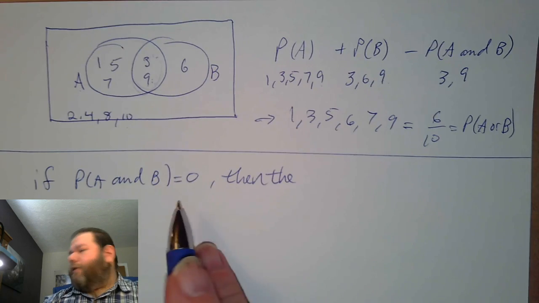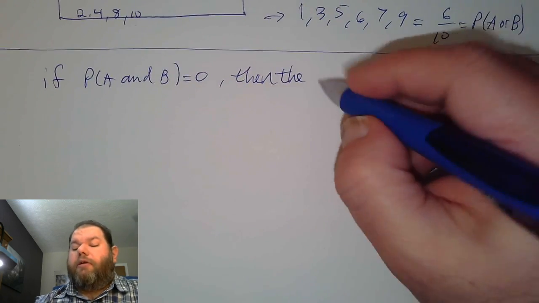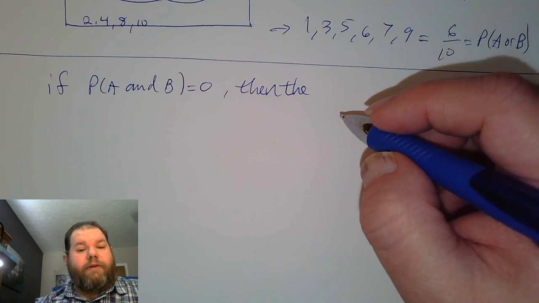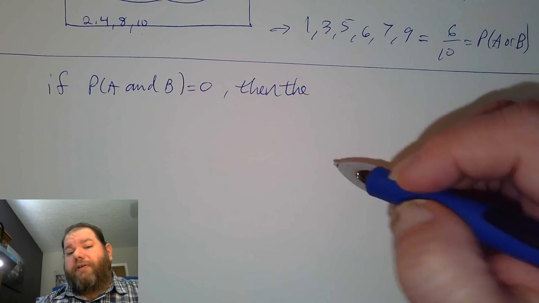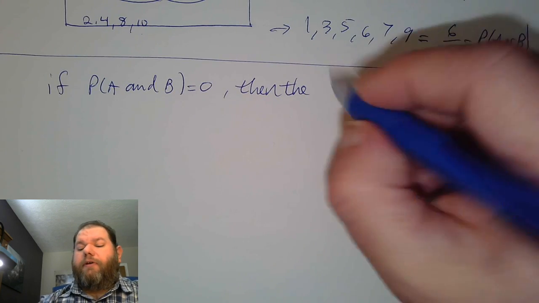If it turns out that the overlap of the two events is 0, then in that case we refer to the two events as being either mutually exclusive or simply disjoint.